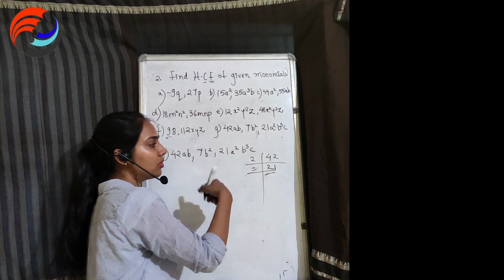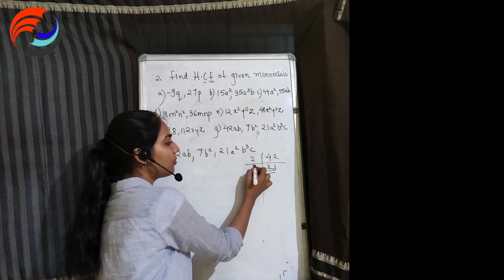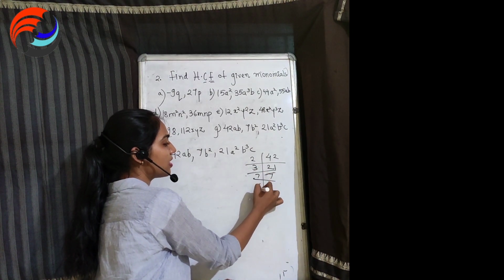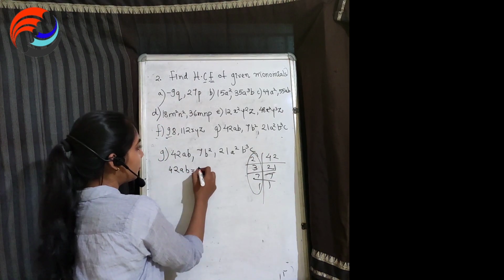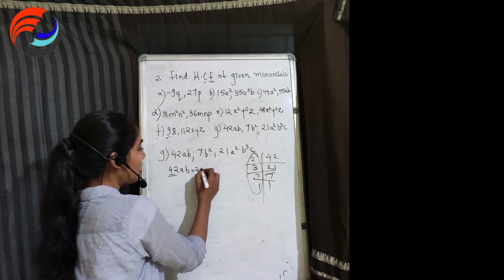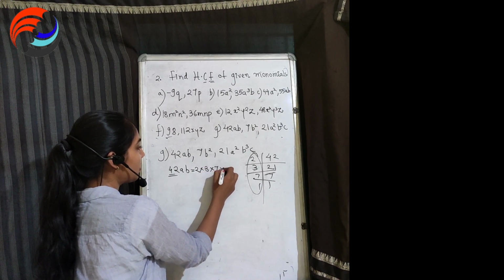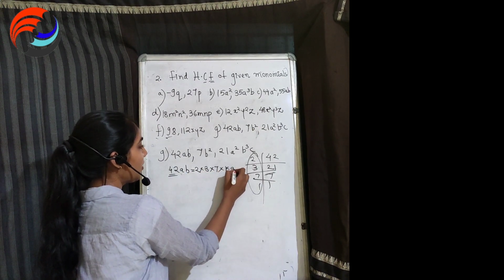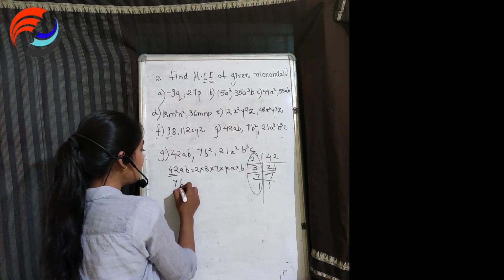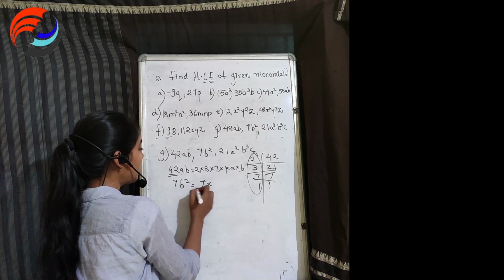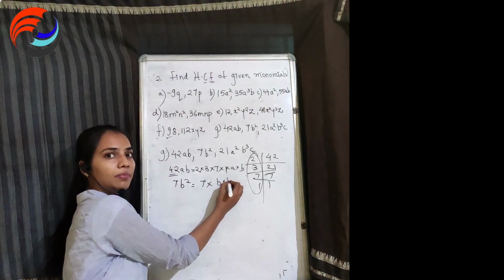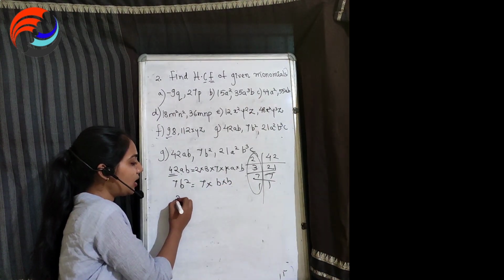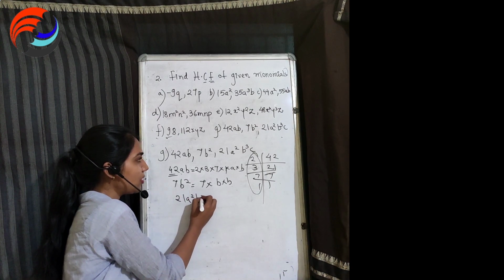By 21 we can divide by 3, because 3 sevens are 21, 7 ones are 7. So 42AB, instead of 42 we can write 2 multiply 3 multiply 7 multiply A multiply B. Now 7B square: 7 multiply B square, B having 2 powers, so take B multiply B. And then 21A square B cube C.